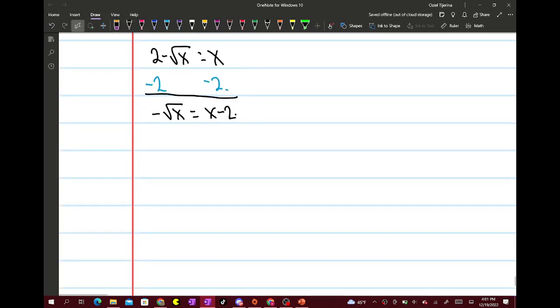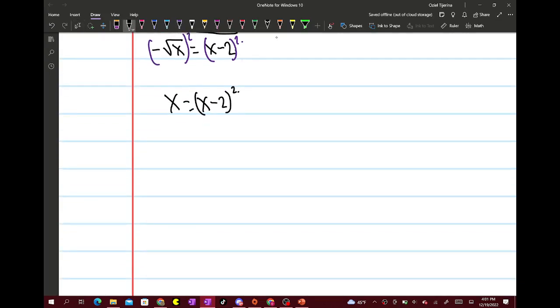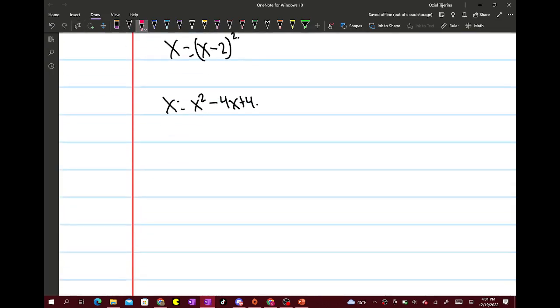And then you would square both sides, right? So this would be x is equal to x minus 2 quantity squared. If you FOIL this out, you would get x equals x squared minus 4x plus 4, right?